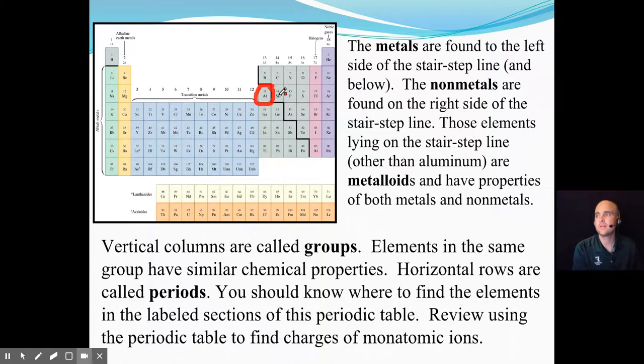So boron, silicon, germanium, astatine, antimony, all of those are metalloids. Aluminum is a metal, okay? Vertical columns are called groups, and horizontal rows are called periods.